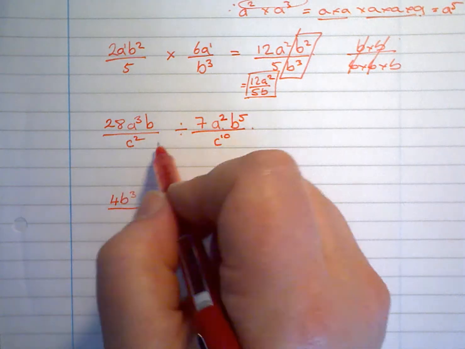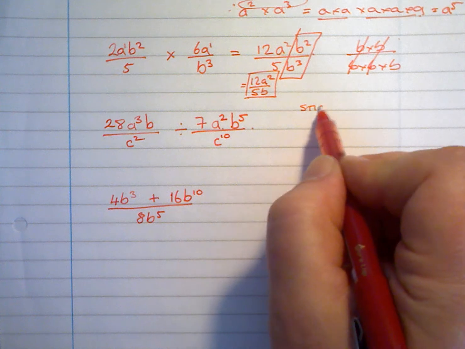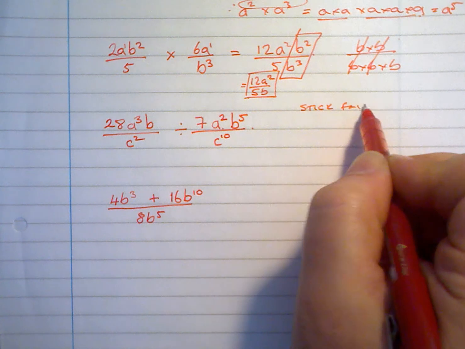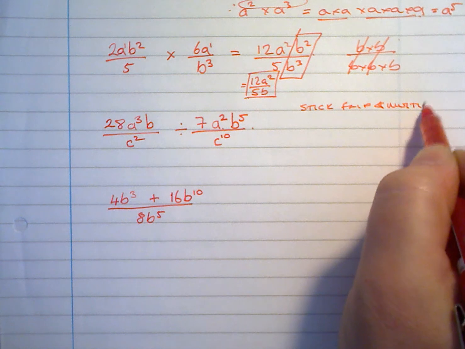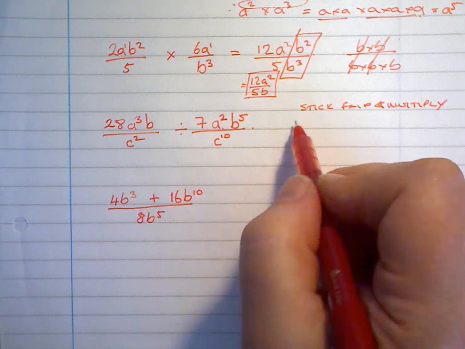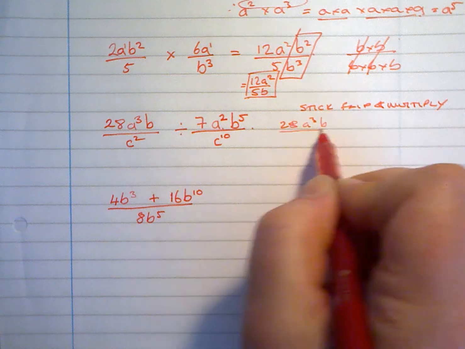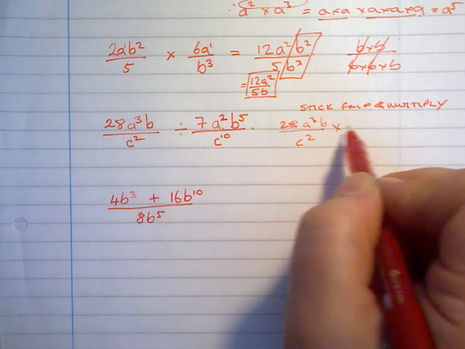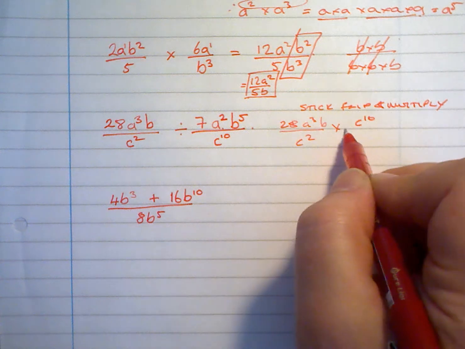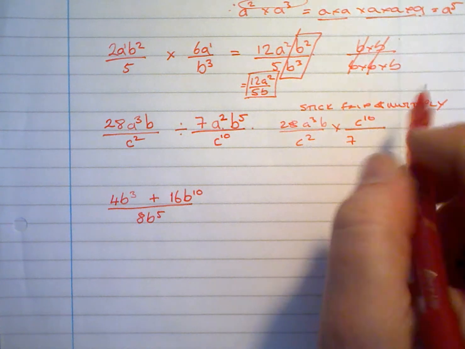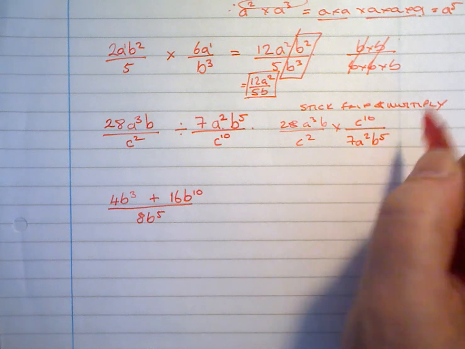Well, with dividing fractions, you need to remember the old phrase stick, flip, and multiply. Okay, to that end, we go 28a cubed b over c squared times by c to the power 10. So I've stuck the first one, I've flipped the second one, okay, and then we've got a squared b to the 5.